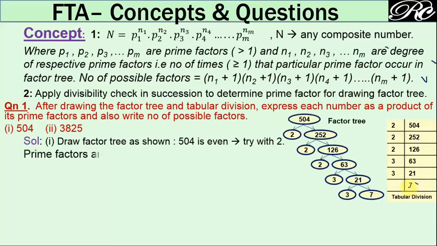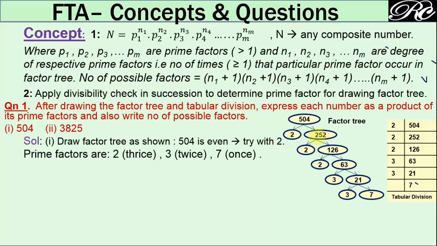Therefore this 504 can be written in the form of a factor tree, where 504 can be written as the product of 2 and 252. So take the factor 2 and divide this 504 by this 2, we will get 252.